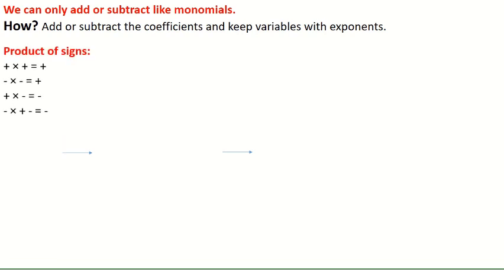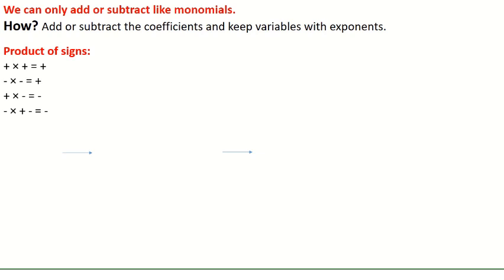First of all, we should remember together that if you are multiplying two same signs, like plus times plus, it gives me plus. Minus times minus equals plus. Suppose I'm multiplying plus 2 times plus 2, it's plus 4. And if I'm multiplying minus 2 times minus 2, it's plus 4.